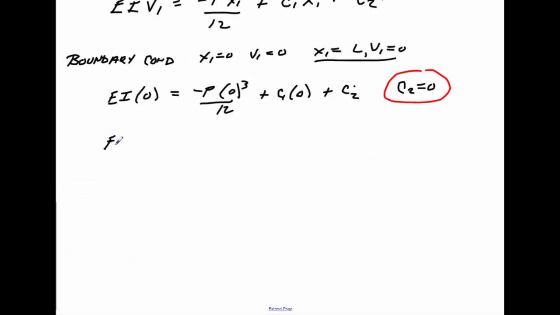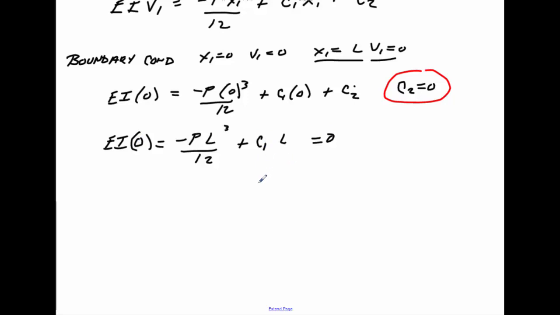And when you do, you get E times I times 0 is equal to minus P times L cubed over 12 plus my C1 times L, and all that's going to equal 0 because we have a 0 over here.